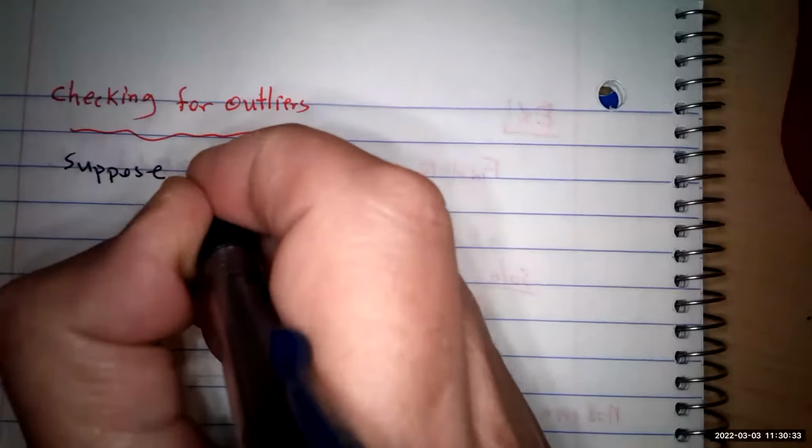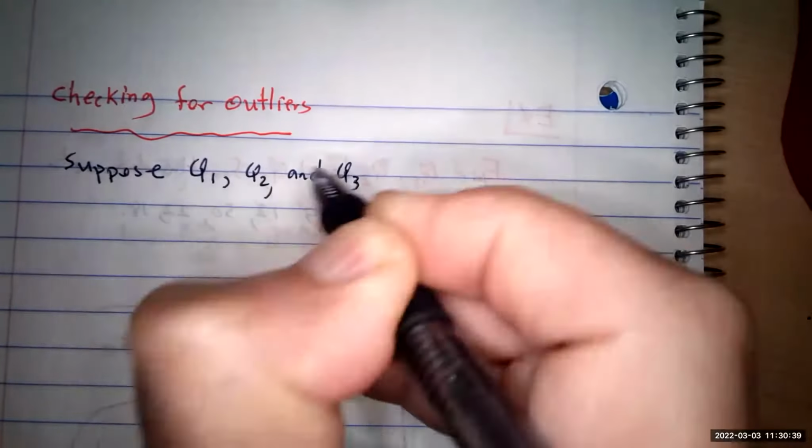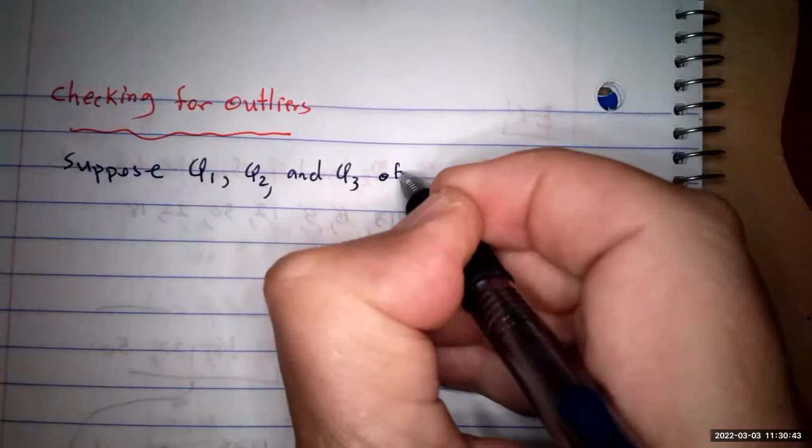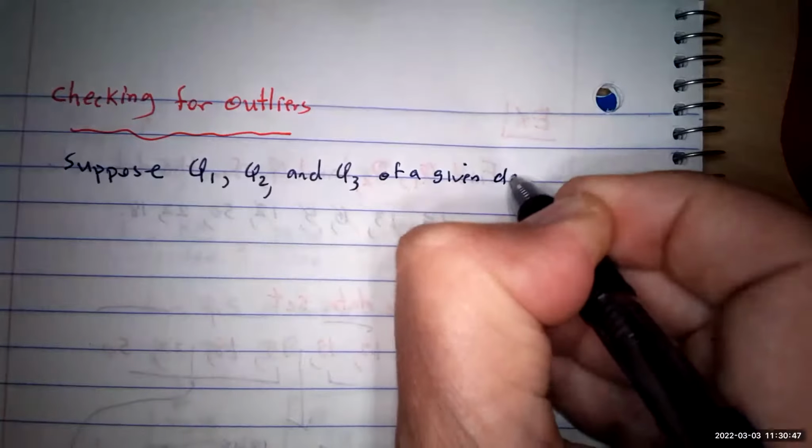Now to create that interval, suppose a data set is given, okay, and you are able to find the Q1, Q2, and Q3 of a given data set.